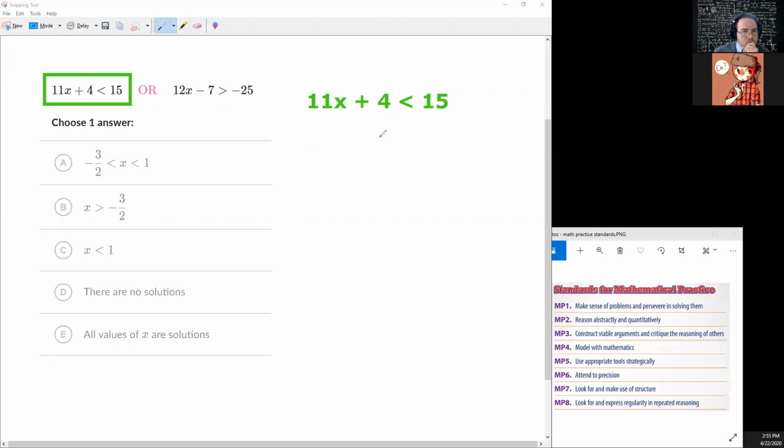Well, I would take away 4 from both sides, and I would end up with 11x is less than 11 because these two things cancel each other out.